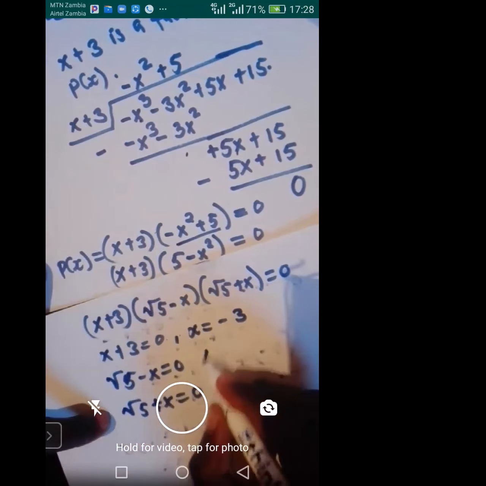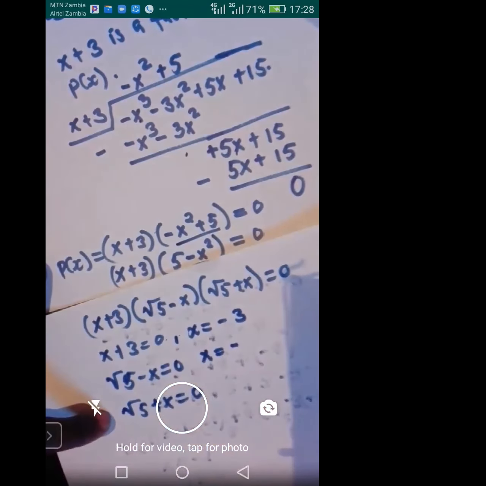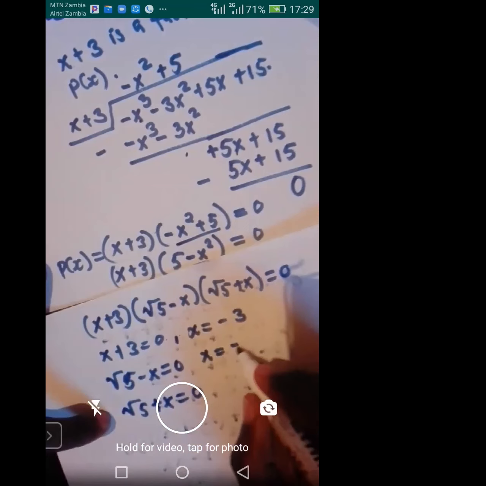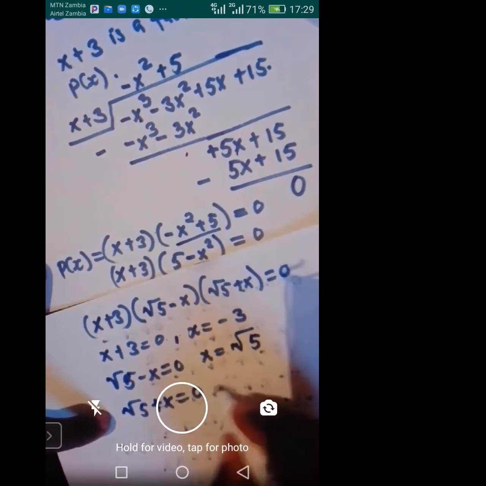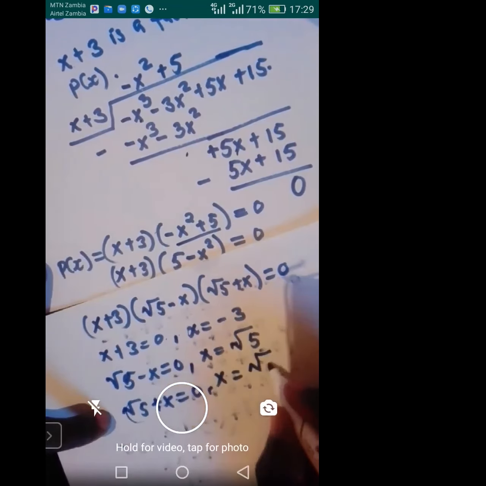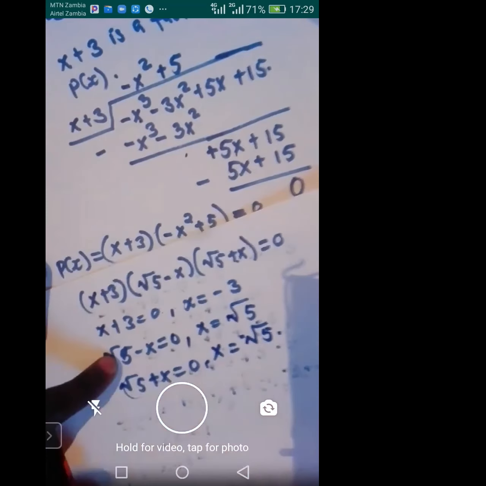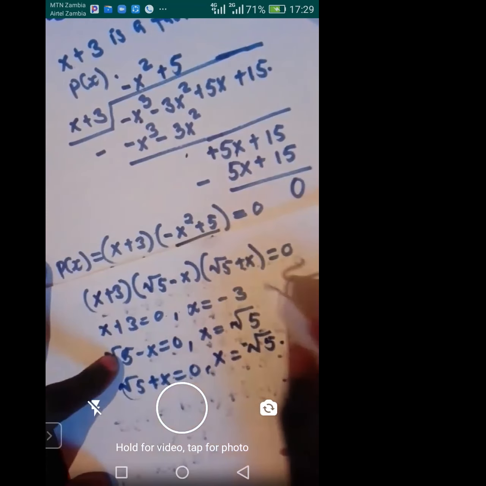Here we have that x is equal to, not minus, but the root of 5. And here x is equal to minus the root of 5. So these are the x-intercepts.